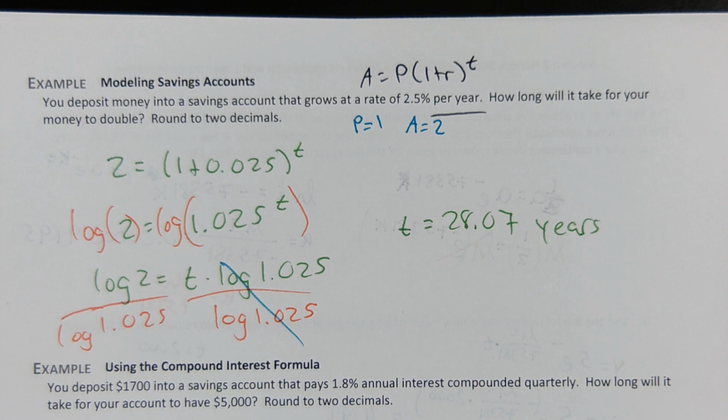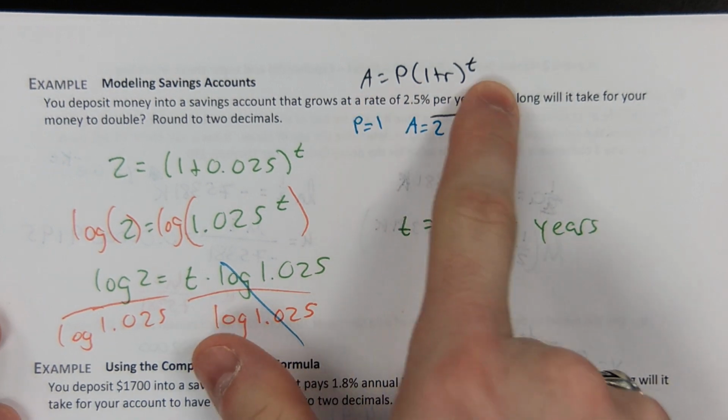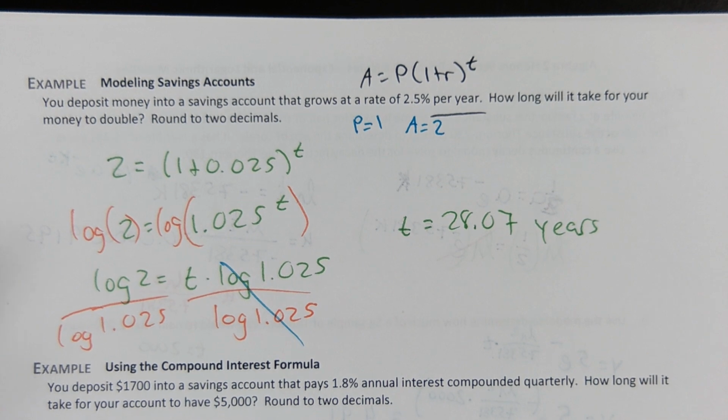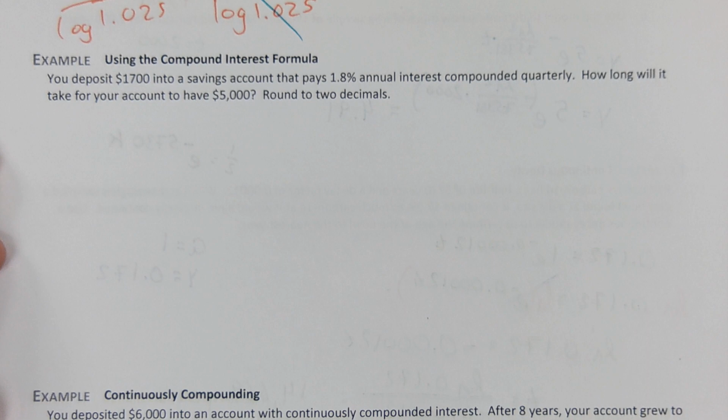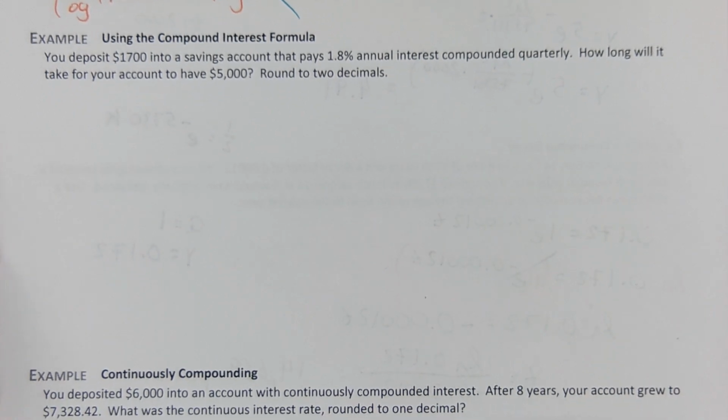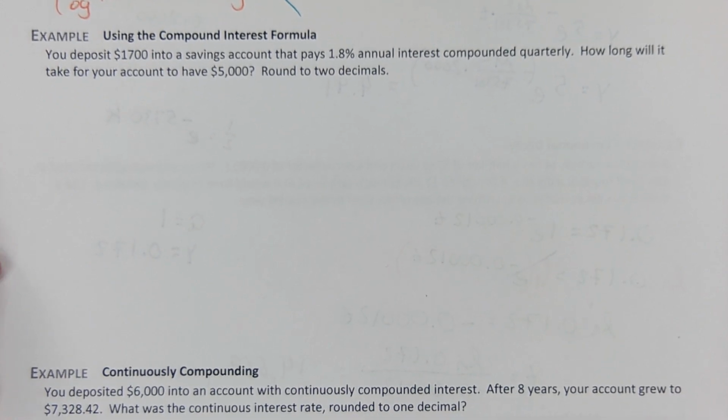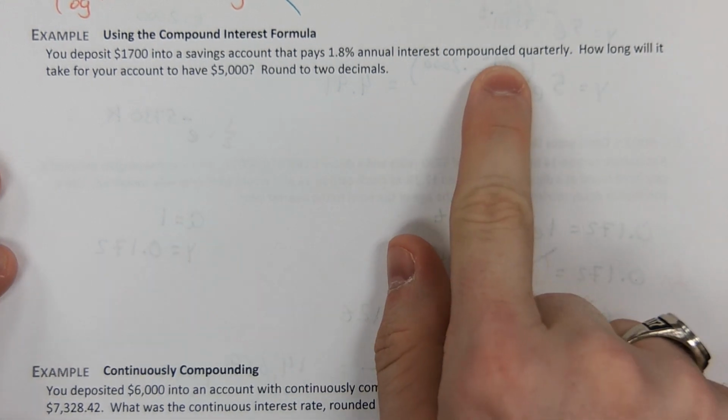Alrighty, so we've had some with E in them. We've had some that were just once per year style growth or decay. How about multiple times per year? Compound interest. You deposit $1,700 into a savings account that pays 1.8% annual interest compounded quarterly.